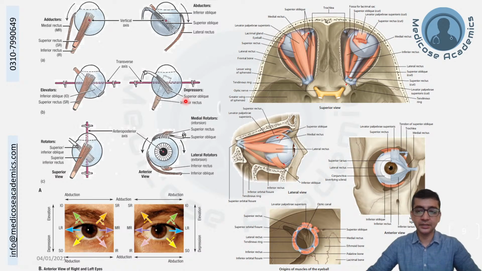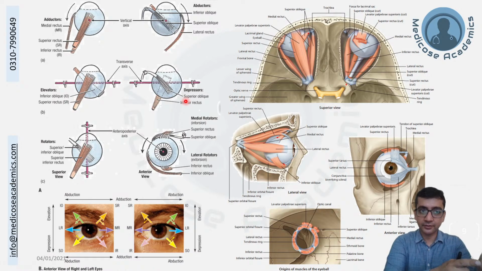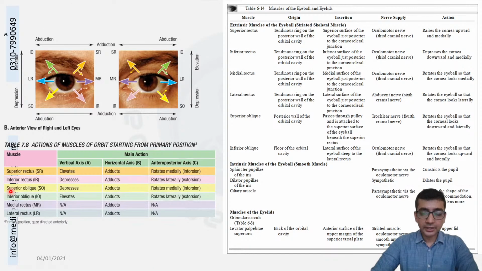So this is an interesting way to remember it. When talking about adduction and abduction, both the recti will adduct, both the obliques will abduct. And when talking about intorsion and extorsion, both the superiors will intort and both the inferiors will extort. So this is all about the eye.